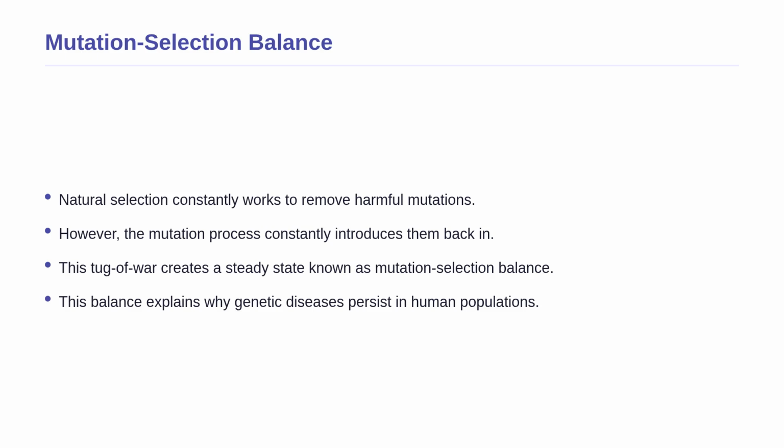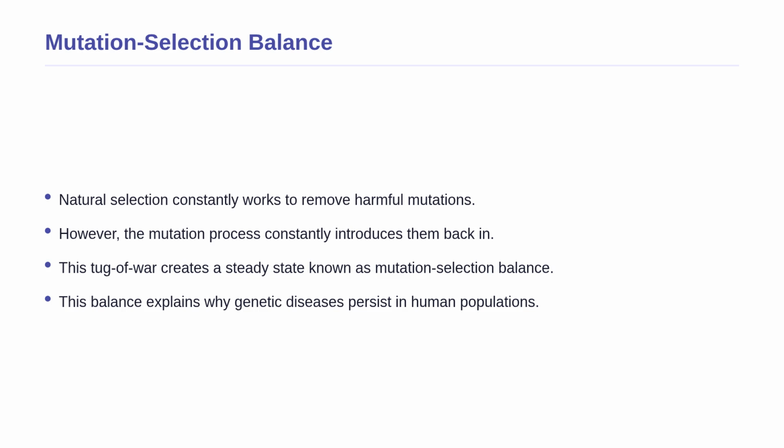This constant influx of defective genes leads to a fascinating dynamic known as mutation selection balance. While natural selection works hard to weed out harmful mutations, the mutation process constantly introduces them back in. This tug of war creates a steady state.